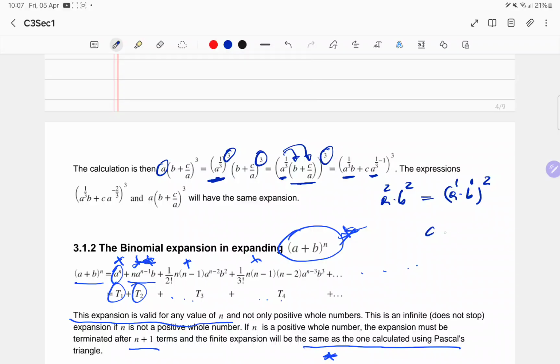Because c times a to the power minus 1 is now multiplied by a raised to the power 1 over 3. These are the same base, so you're going to have a to the power 1 over 3 minus 1, which gives us minus 2 over 3. So now the expression is this, which is the same as this. And if you expand these two expressions, you will have the same answer.